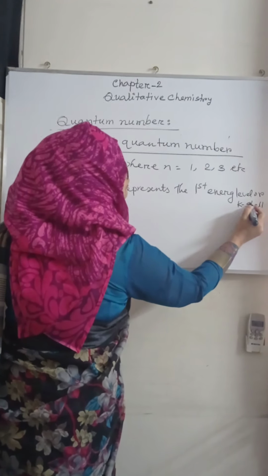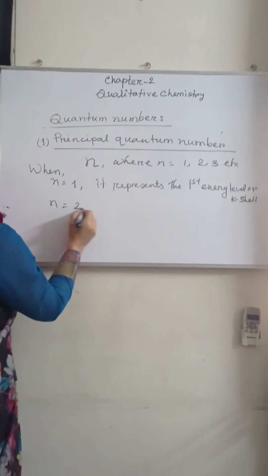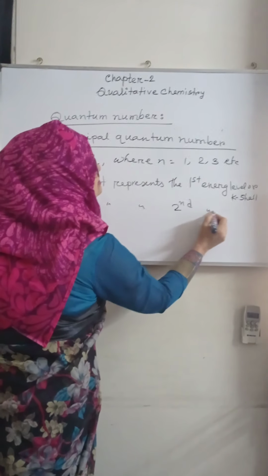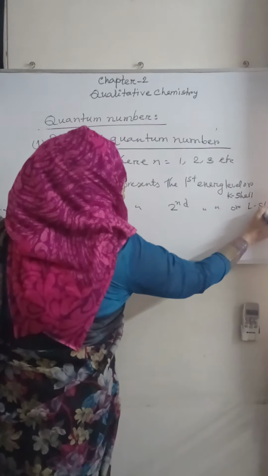When n equals 2, it represents the second energy level, or L shell.